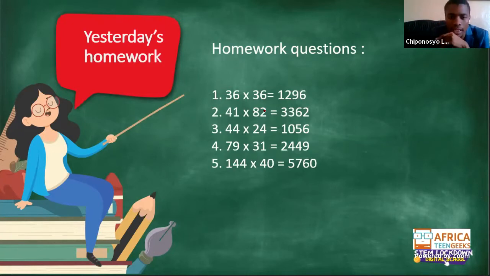If we look at 36 times 36, there'll be a time when we're multiplying the 36 by 6, and there'll be a time when we're multiplying 36 by 30. That is what I think is the difficult part about it. But we will look into examples right now.